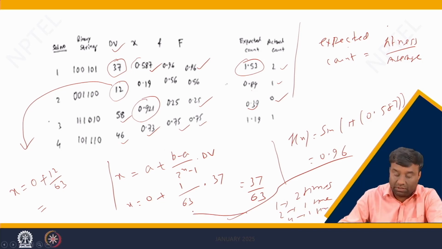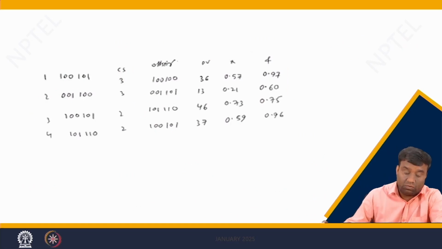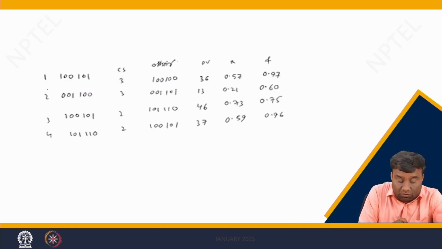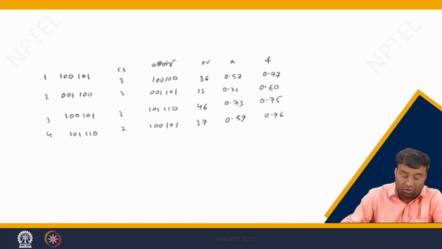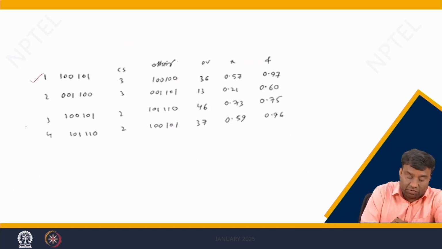Okay, so next we select the chromosomes. We select chromosome 1, which is 100101, two times.